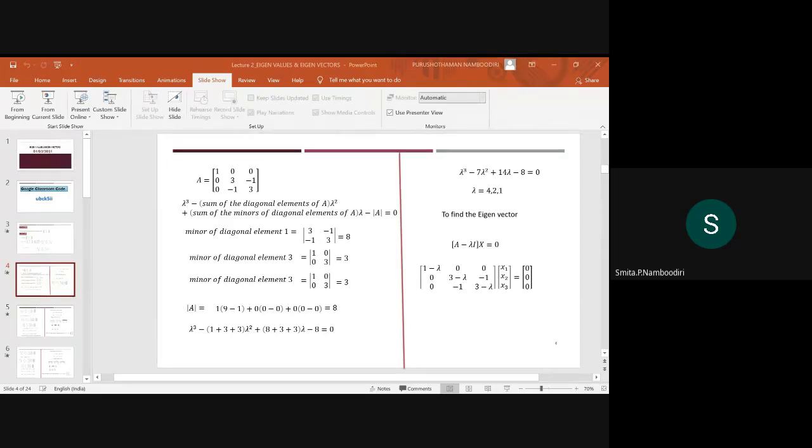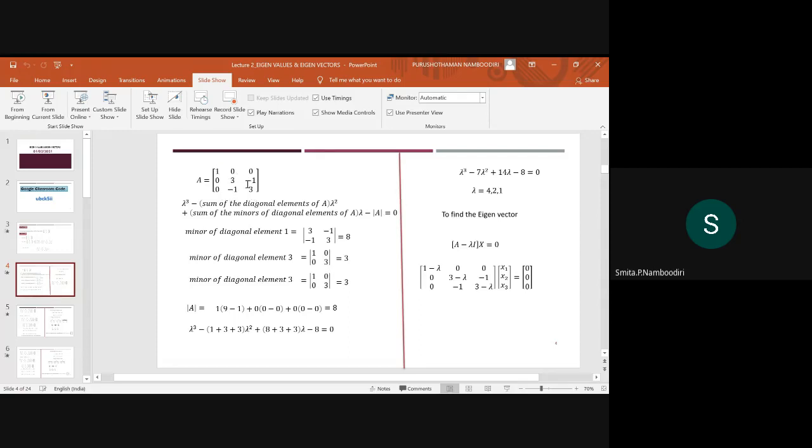Minor of the diagonal element 1: 1 is in the first row and first column, so leave out the first row and first column and take the remaining determinant.